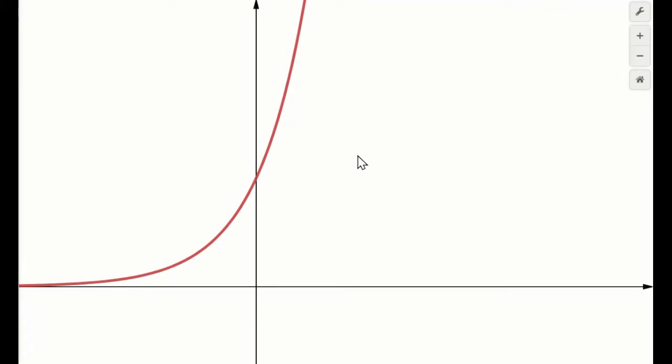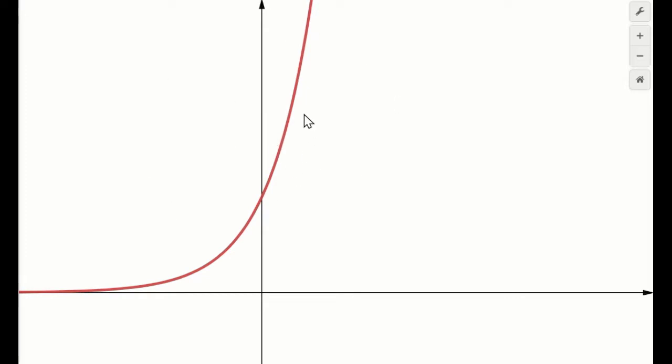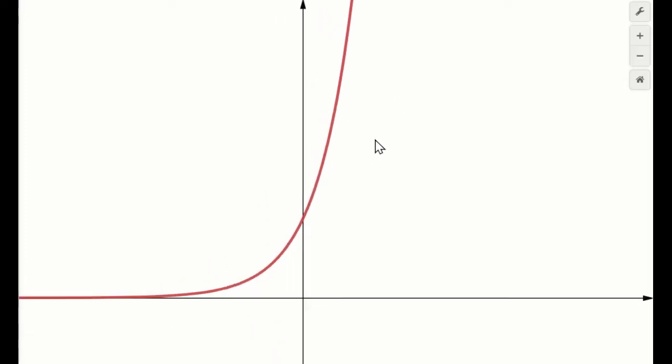I purposely hid all of the grids and numerical labels so that we don't have to worry about estimating. I just want to demonstrate that this is the graph for f of x, and the graph in blue here is the graph for g of x.